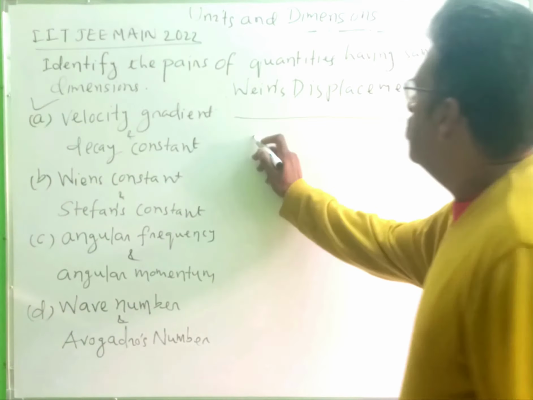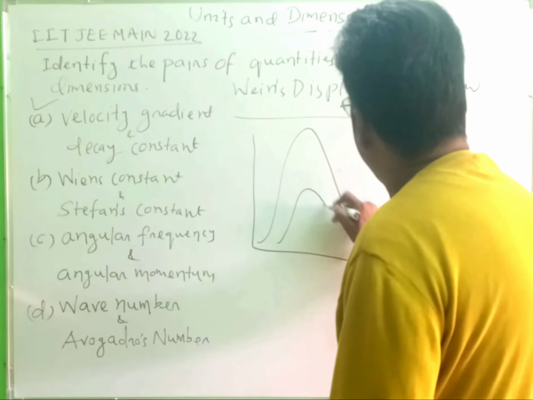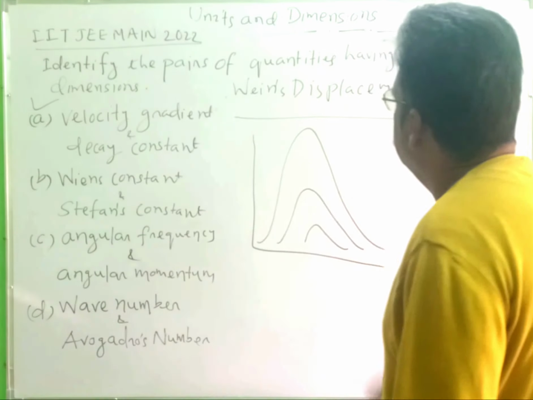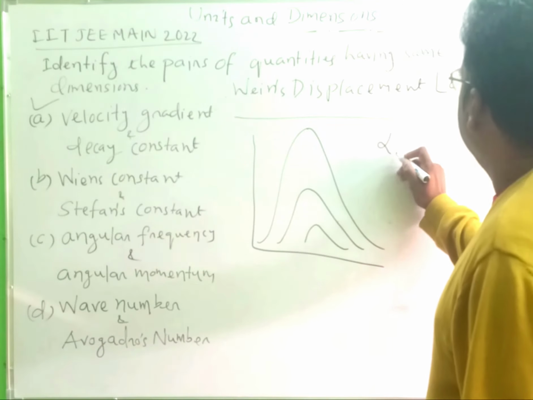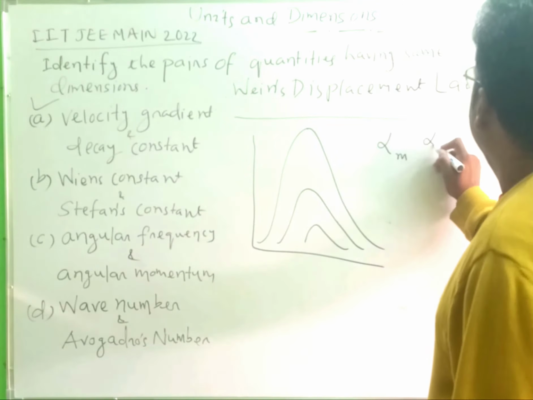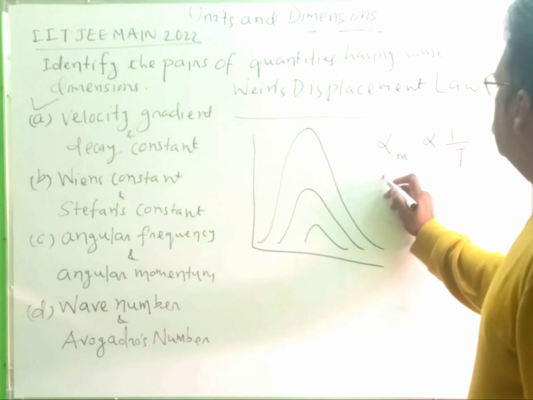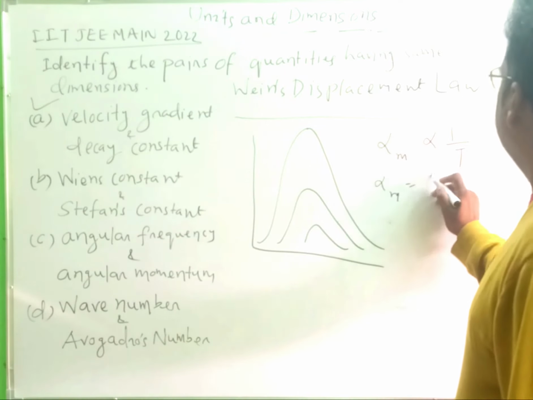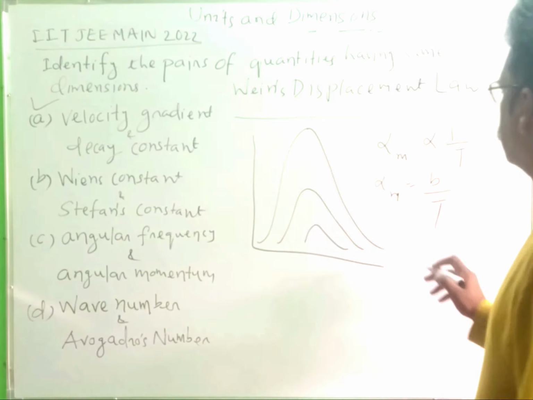Okay, student? If these are the curves at different temperatures, this peak wavelength, that is called lambda m, is inversely proportional to the temperature of the black body, or lambda m is equal to b by T, where b is called the Wien's constant. Okay, student?